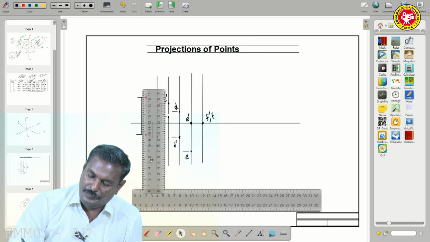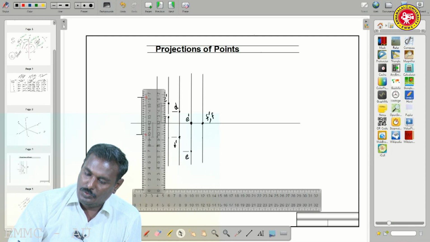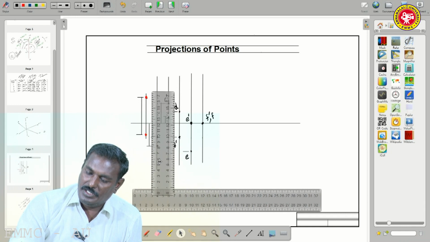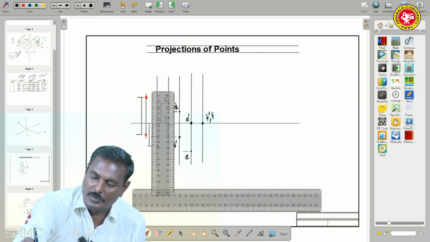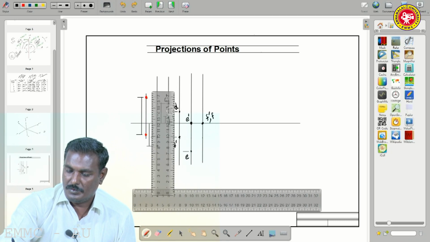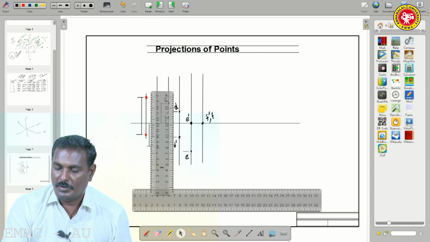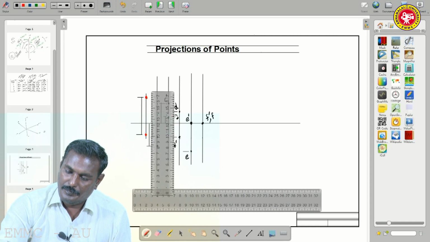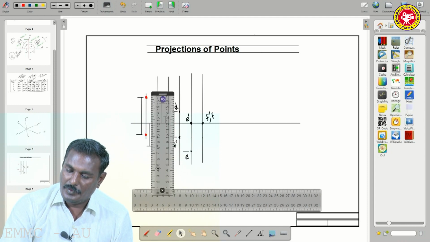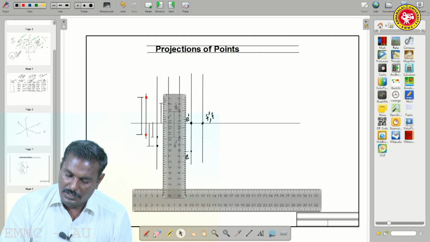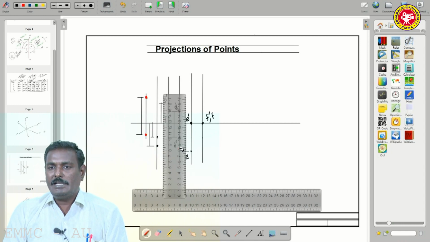Then this. Then move to subdivision D, then E. Like this you have to draw a dimension line.